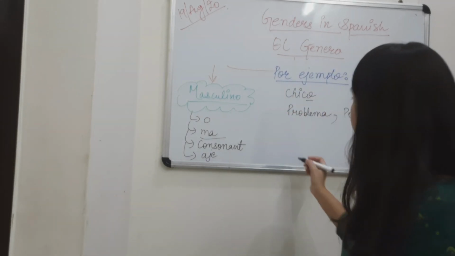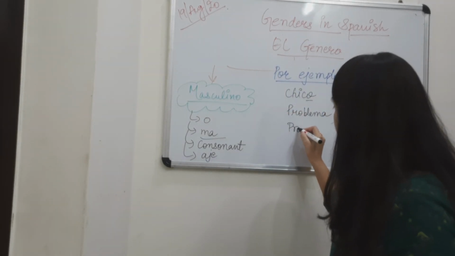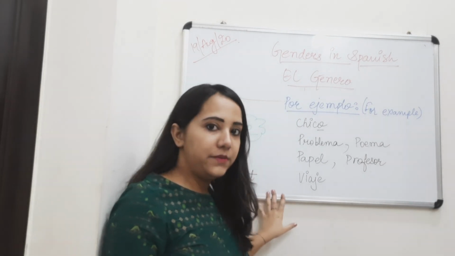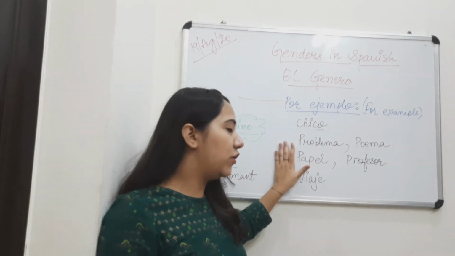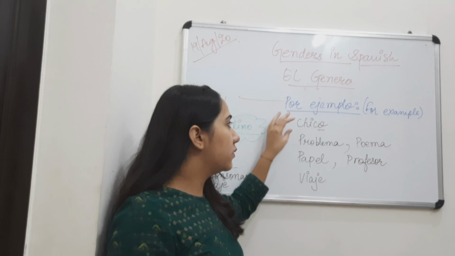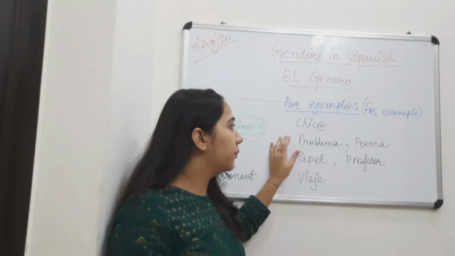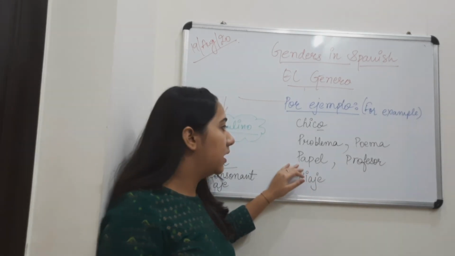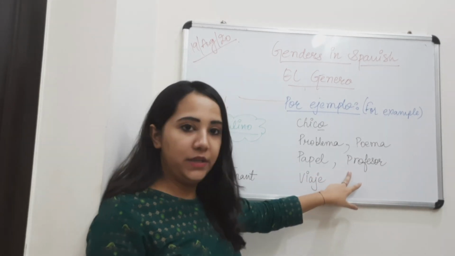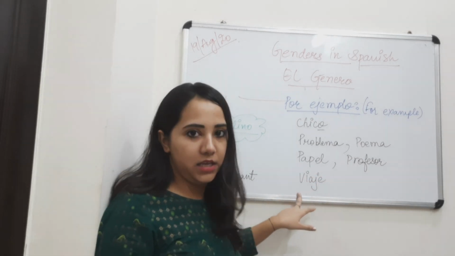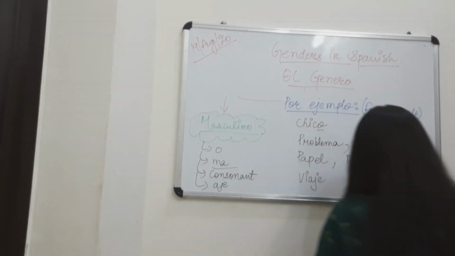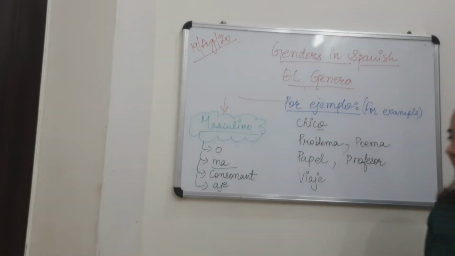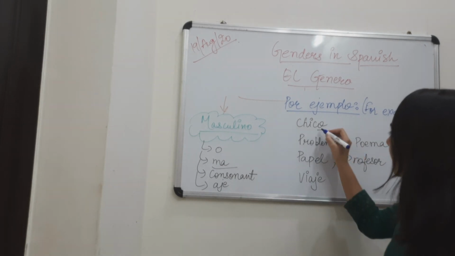So now here I have written a few examples for the masculino one. First one is chico, problema, poema, papel, professor, viaje. Now what happens here? You can see the ending.